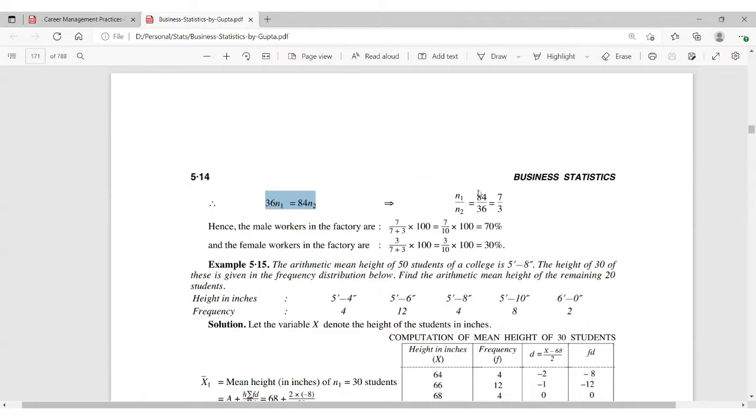Similarly, n1 to n2, 84 by 36 in the simplified ratio, that is 7:3. Okay. Now we have to find the percentage. N1 is 7 upon total of the 7 plus 3, into 100 for calculating percentage. It comes to 70%. Similarly, female comes to 30%. That's it.